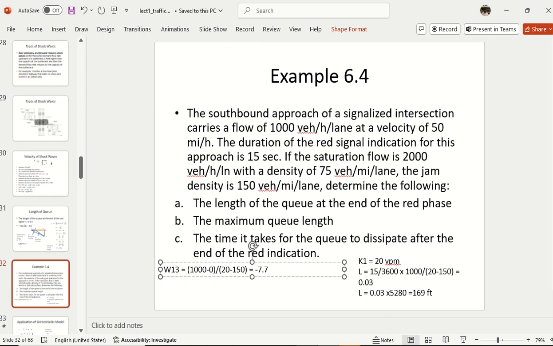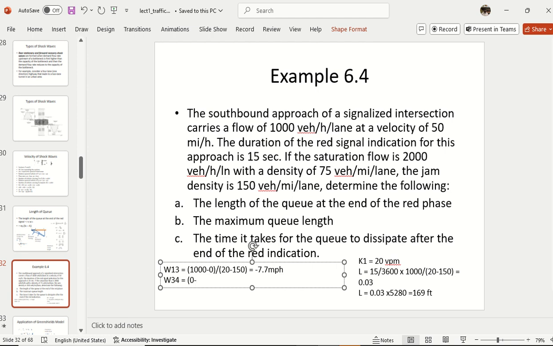No conversion required here. Okay, then we had W34, the recovery one. In the recovery, again, Q1 minus Q2 and K1 minus K2. Now, for the recovery, what is my initial condition? The signal is red. It will go from red to green now. When the signal is red, the flow is 0.